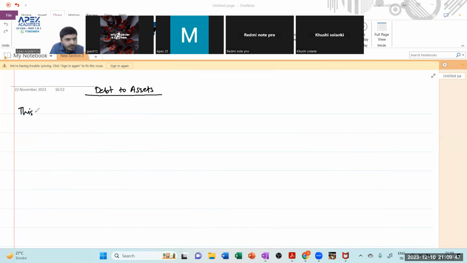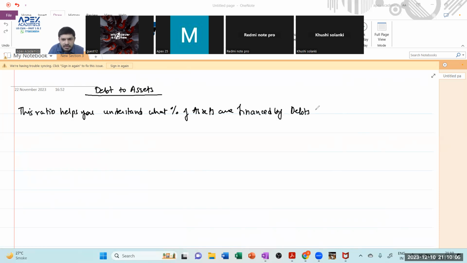This ratio helps you understand what percentage of assets are financed by debts. Debts can be non-current liabilities and current liabilities. When I am calculating a percentage of assets, whatever I am taking the percentage of always comes in the denominator, correct? Basic mathematics. And the percentage being calculated goes on top. Understanding? Yes or no? Am I clear about this?